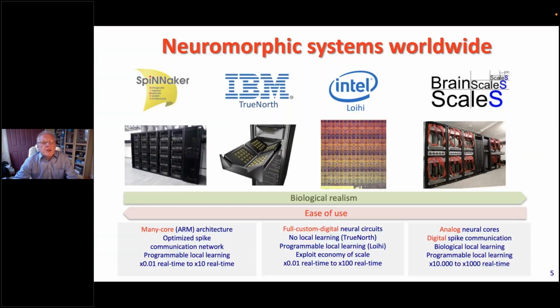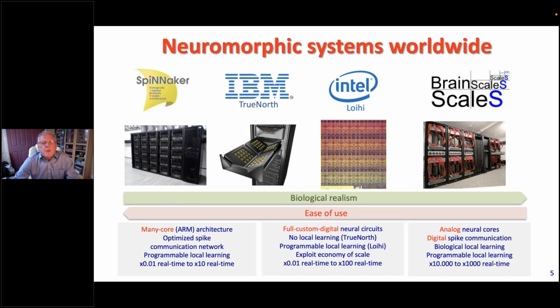And if you look at the larger scale systems, then you can arrange them from left to right on this picture in terms of increasing biological realism. So the way they function is closer to the biology as you go from left to right. And if you like, their programmability or ease of use increases as you go from right to left.